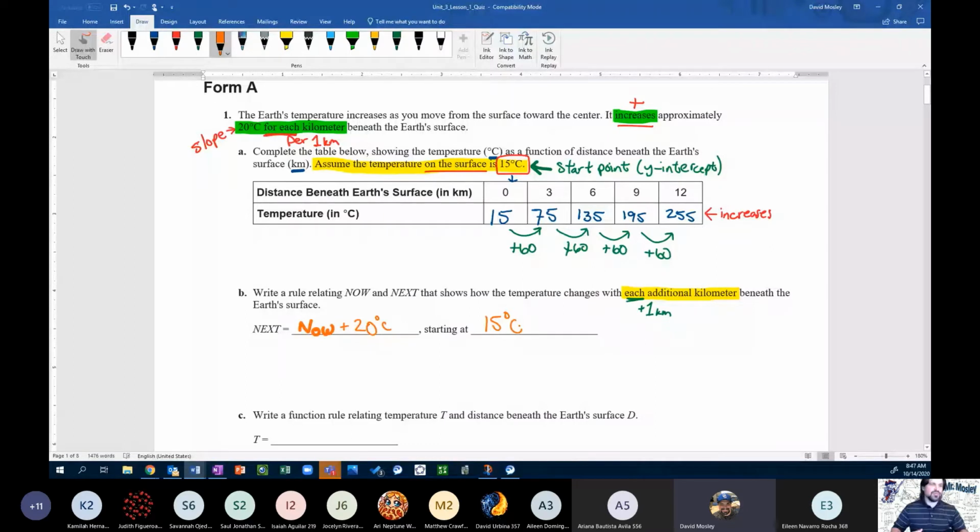In this written rule, I am including the units of degrees Celsius, because it makes sense within a written context here.